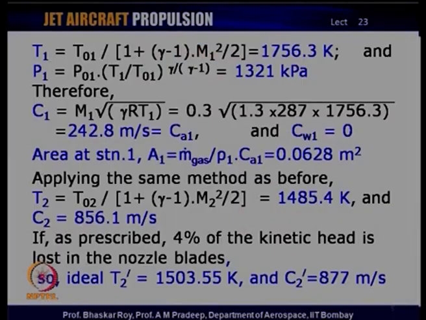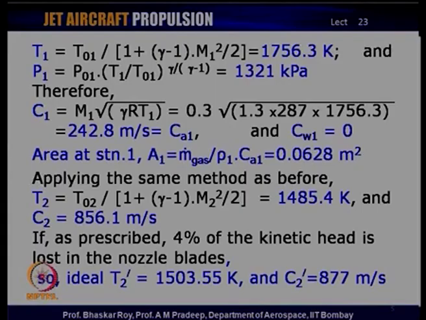So, let us do that, and we found at station 1 C W 1 would be equal to 0. Correspondingly, then at station 1 we can say that the area A 1 would be equal to the mass flow m dot gas divided by the local density rho 1 into C A 1. Now, this of course means that we are simply using the continuity condition at station 1, and simply using the continuity condition we can find out the area at station 1.